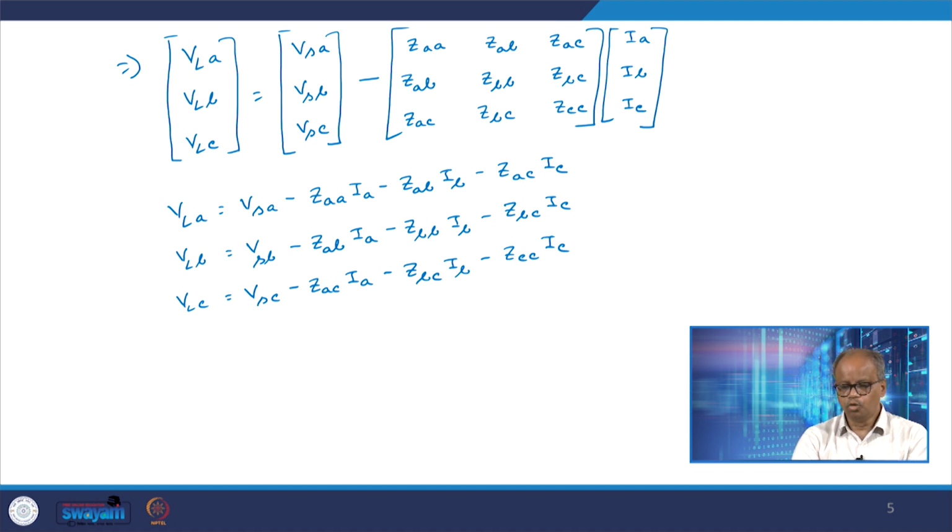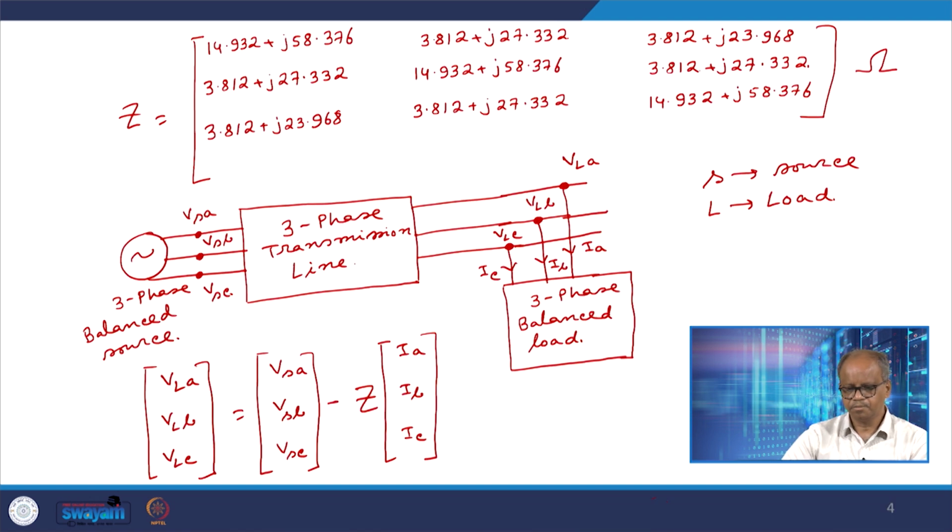And the more the difference among the values of this Z matrix, the more unbalanced the load voltage is.